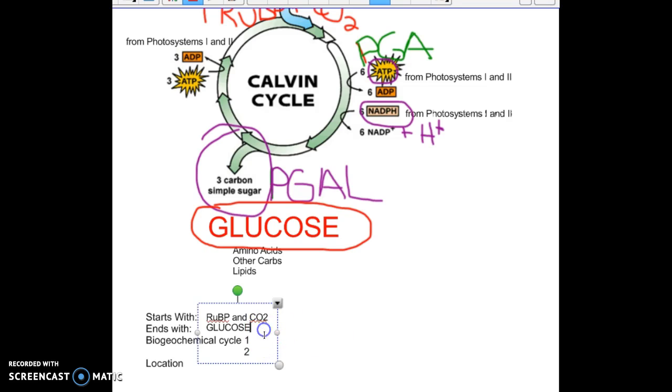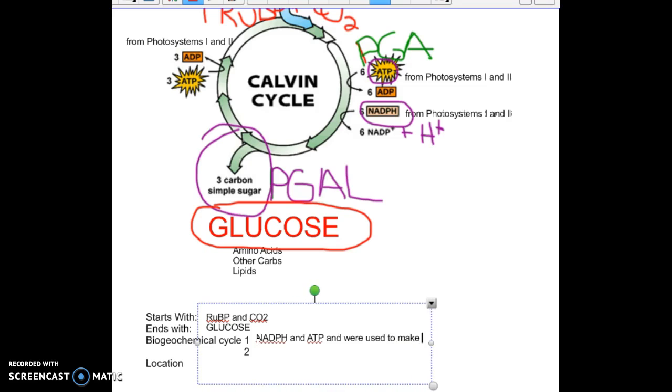And my biogeochemical cycle was the fact that, first, NADPH and ATP came in and were used to make glucose.